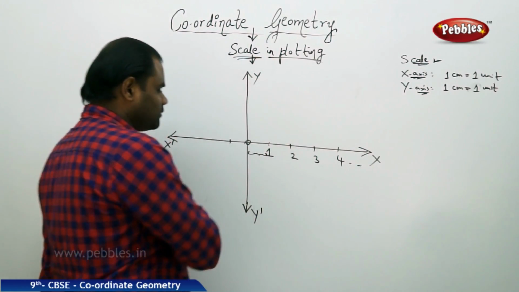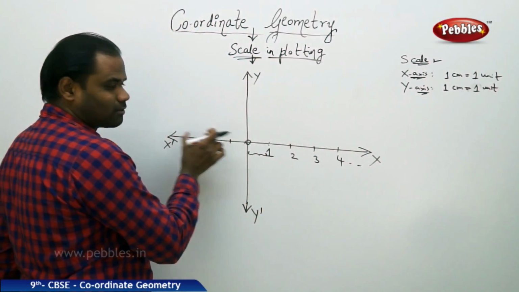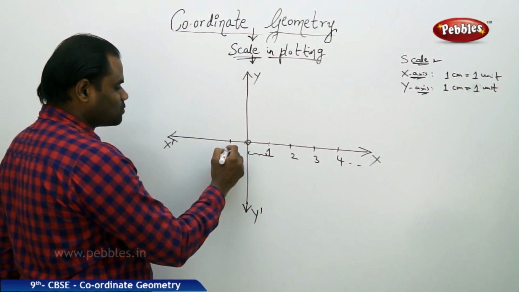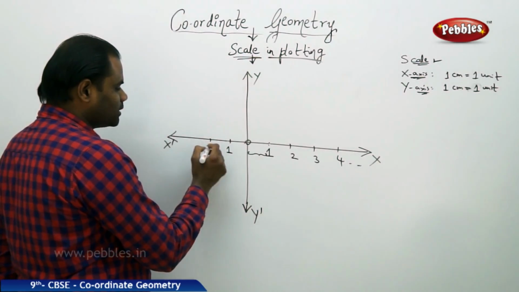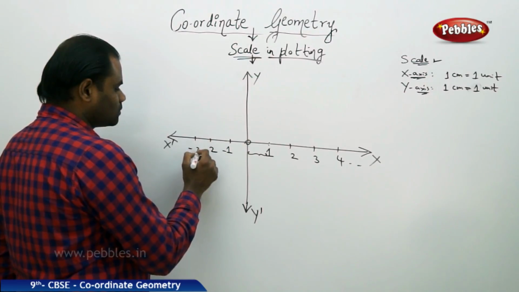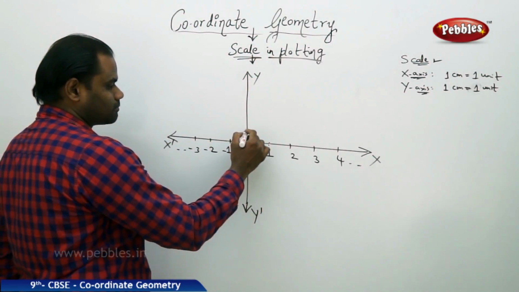Similarly, on the left side, I take every 1 centimeter of the grid on graph paper as 1 unit, so every unit refers to this.